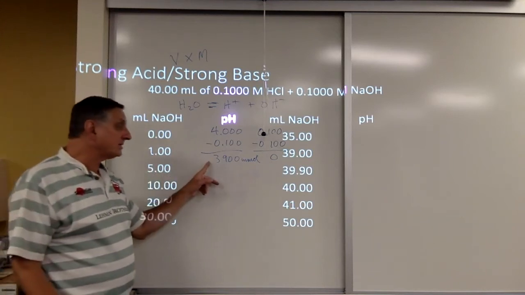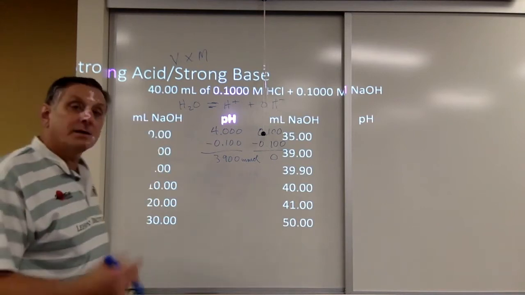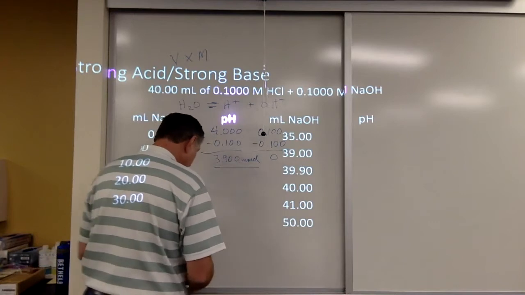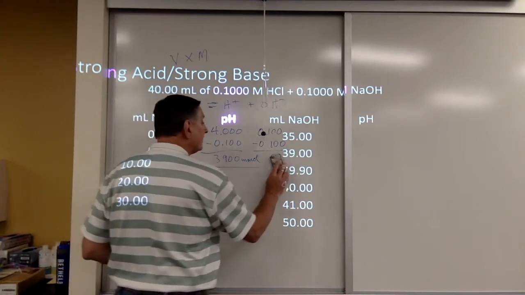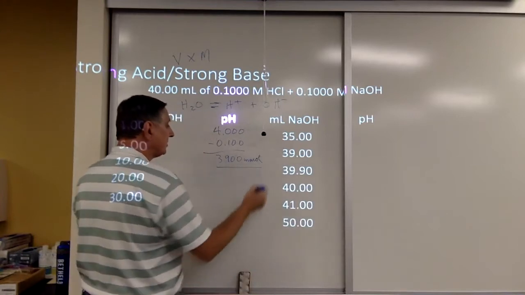We have 3.900 millimoles of hydrogen ion in a new volume. So this is the millimoles of H plus. I'm going to erase this over here, just to give myself a little more room.